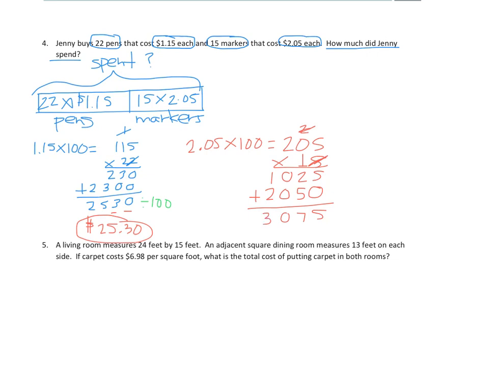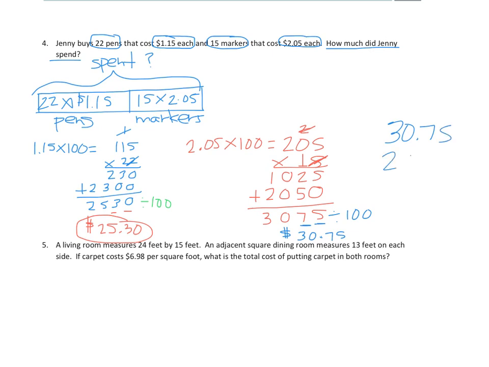But then remember, since we multiplied by 100 at first, we need to go back and divide by 100, which puts that 5 in the hundredths, the 7 in the tenths, so that our cost of markers would be $30.75.